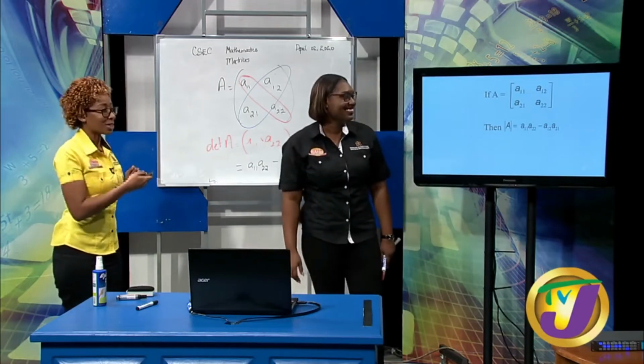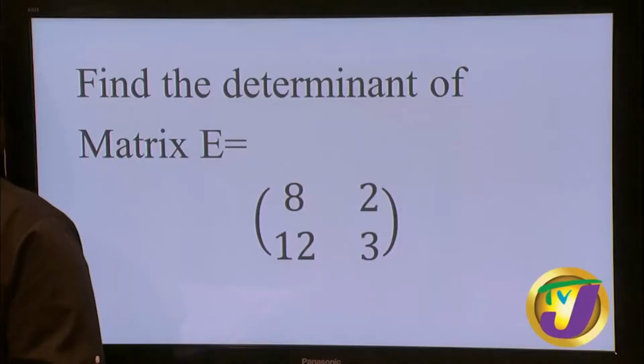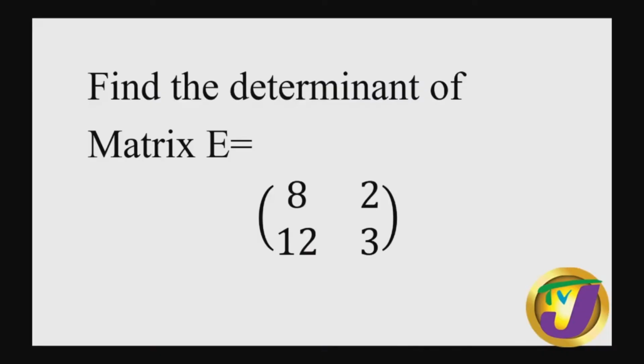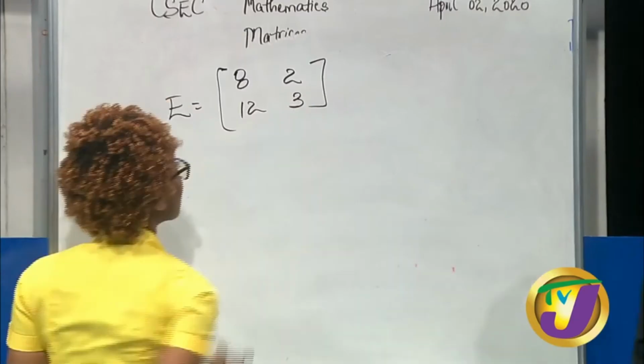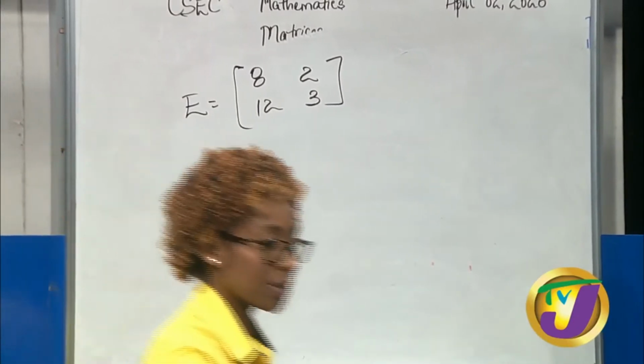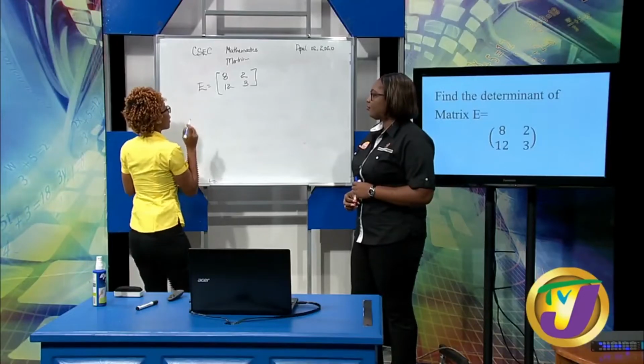All right, good job. Since Brittany would have done that for us, we're going to try one on our own now. As you can see, we have a matrix E, and you're asked to find the determinant of this matrix. So matrix E is 8, 2, 12, 3, and you're asked to find the determinant, Camille. All right, if I'm asked to find the determinant, I'm going to do exactly what you did just now.